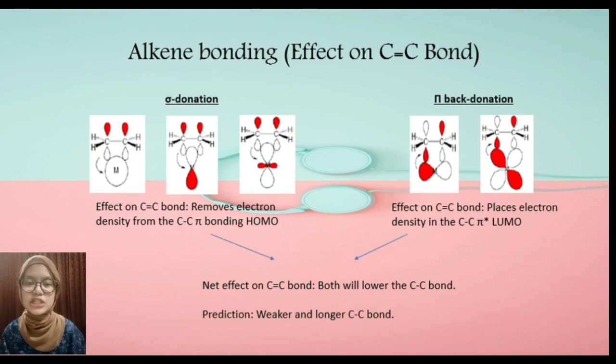For sigma donation, the ligand of CC bond will donate its electron to the metal.